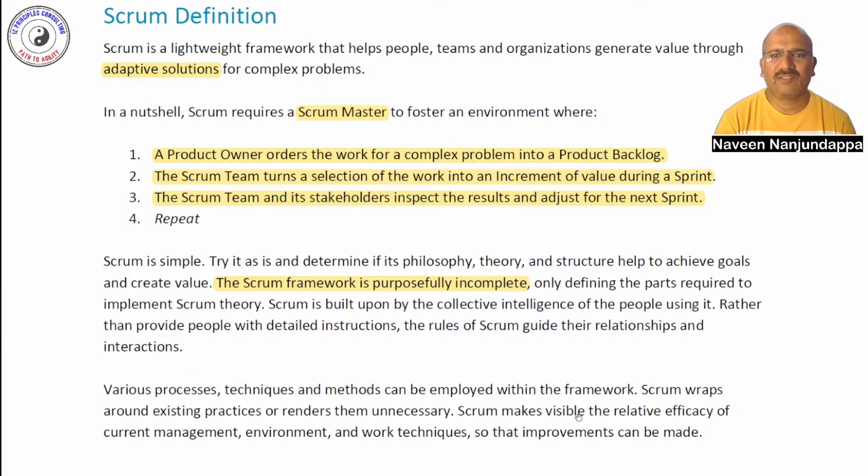Scrum makes visible the relative efficacy of the current management environment and the work techniques so that improvements can be made. So if you are using Scrum, remember you will be seeing a lot of ineffectiveness in your system, and through inspect and adapt continuous improvement, you go ahead and change and improve your systems.